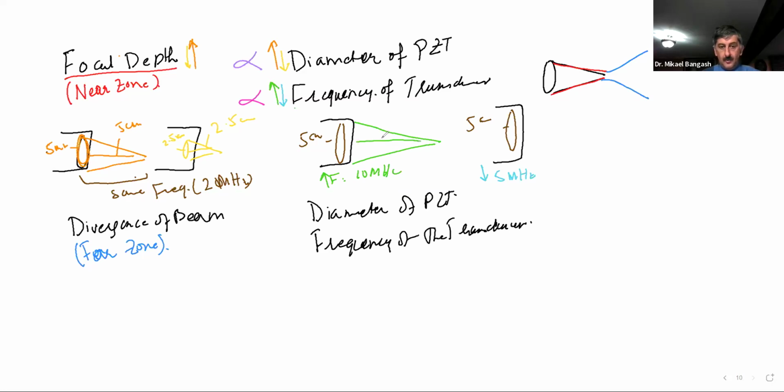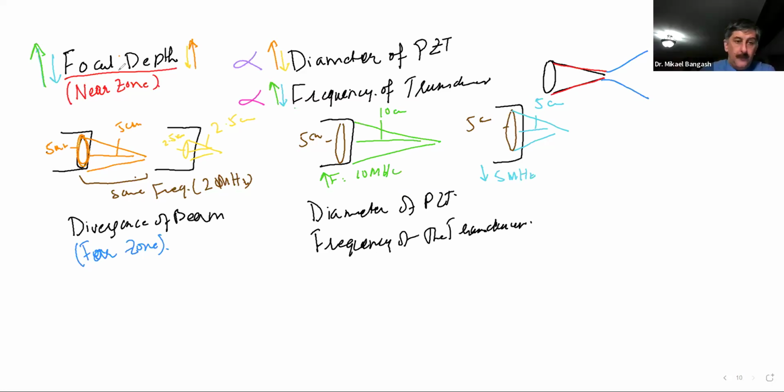Let's say the beam focuses at a depth of 10 centimeters, where here we will have a shallower focal depth of 5 centimeters. Did you guys get that? Yes. Yeah.